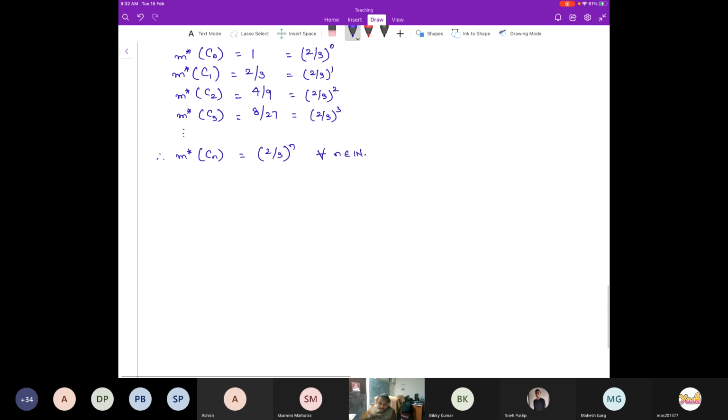Right? Therefore, m star of C is contained, so C is contained in all Cn's, which by definition is m star of the intersection, which is less than or equal to m star of Cn for all n.